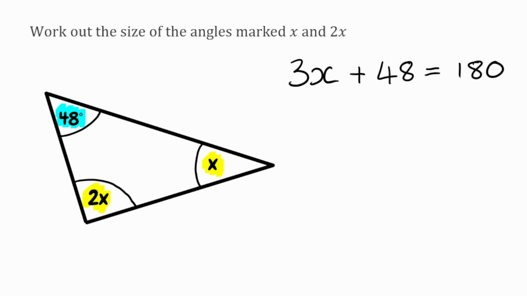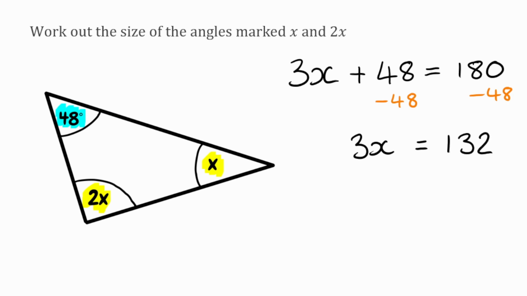Now, just like before, we're going to take away the value we know, but because it's an equation, if I'm taking it away from this side, I'm also going to take it away from this side. So I'm ensuring that I'm balancing the equation. If I take it away from the left-hand side, I'm just left with 3x. And on the right-hand side, we'd have 180 take away 48. That would give us 132.